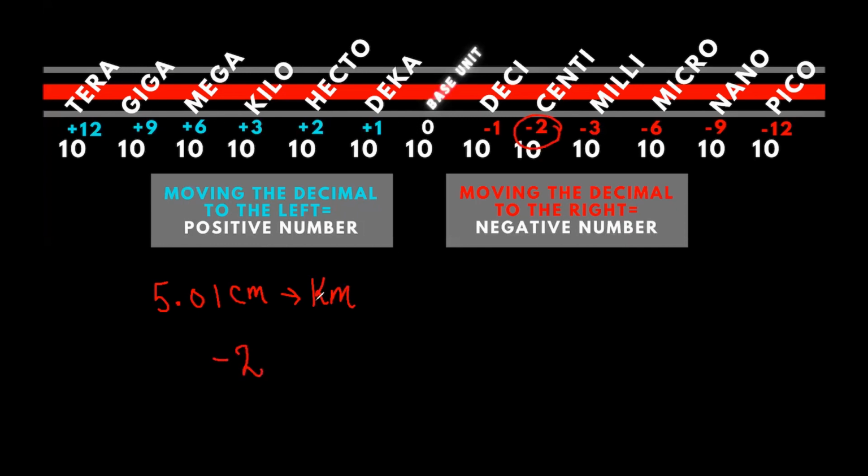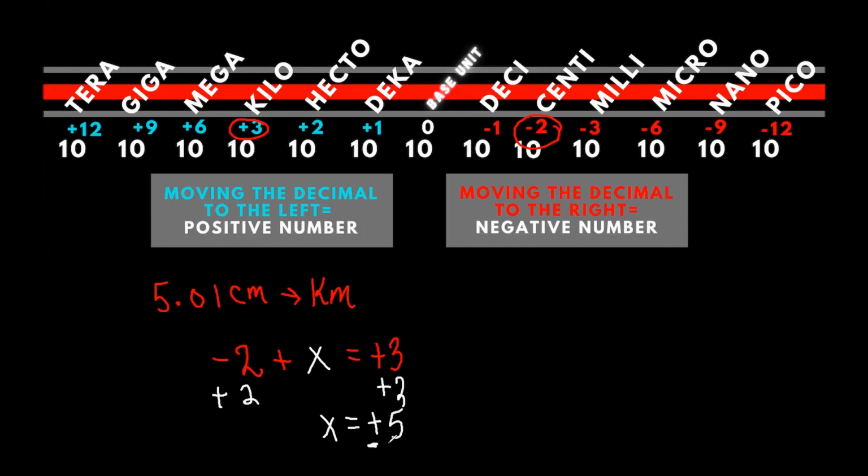Kilo has a +3 exponent. And then you ask yourself, -2 plus what is going to equal +3? So I'm going to go ahead and solve for the x. This is going to equal +5.